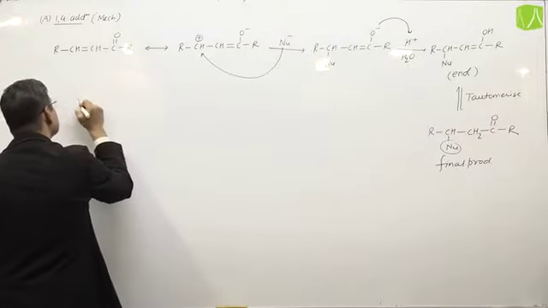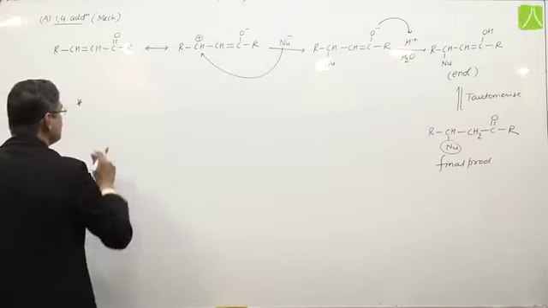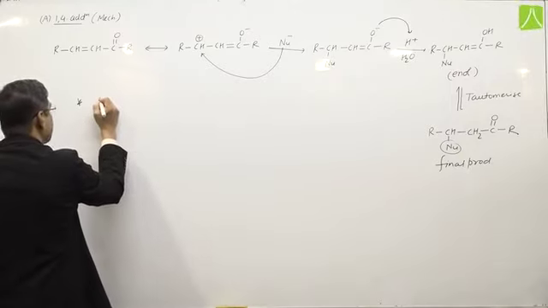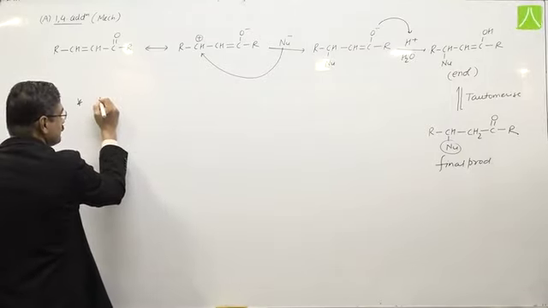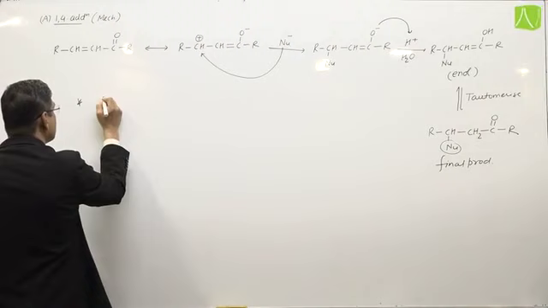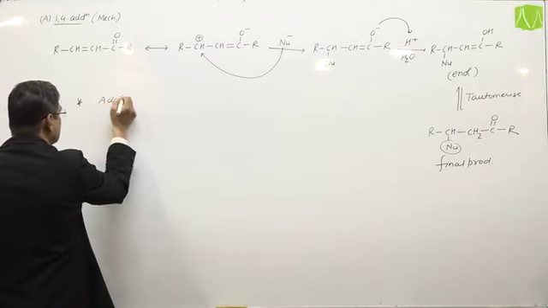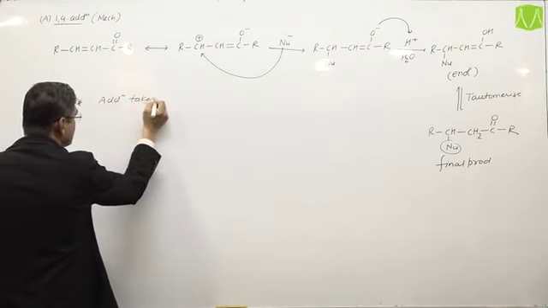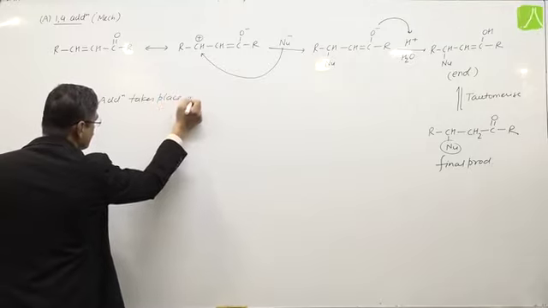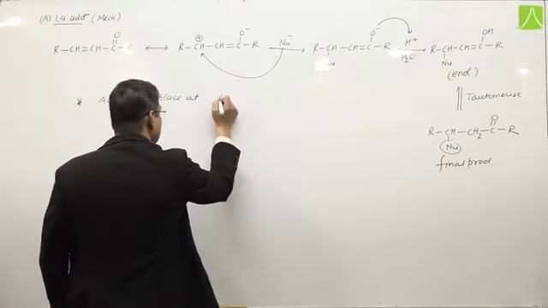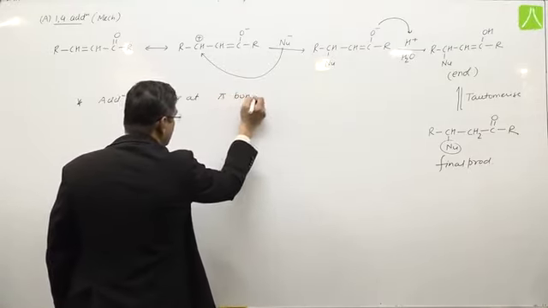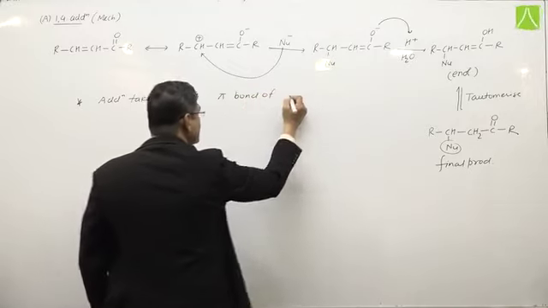So the final comment for this reaction is: addition takes place at the pi bond of alkene.